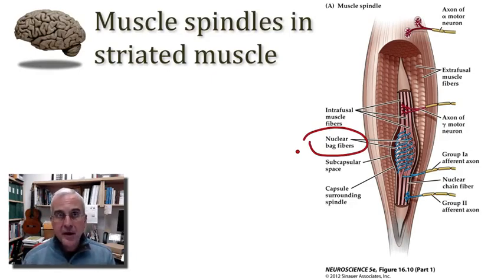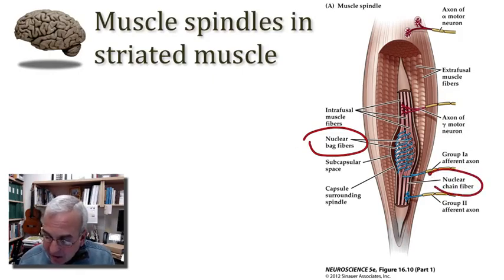A muscle spindle might have a handful of these nuclear bag fibers, and there may be an equal number, or more typically a smaller number, of nuclear chain fibers. These are a different type of intrafusal muscle fiber with respect to their morphology, but also their physiology.